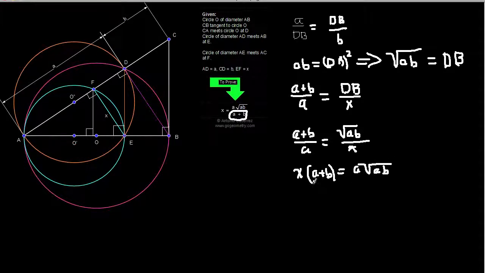Now I divide both sides by A plus B, and I get x is equal to A square root of AB divided by A plus B, which is what I originally had to prove right here.